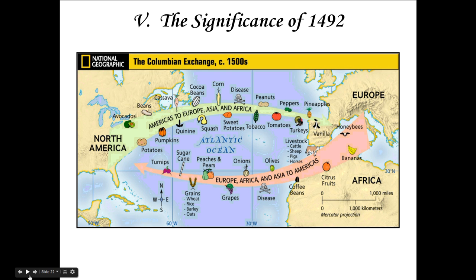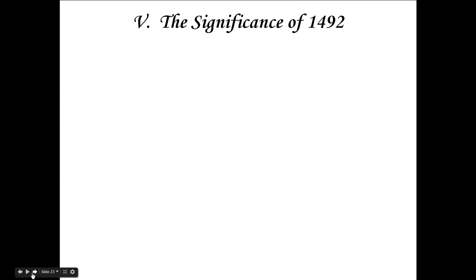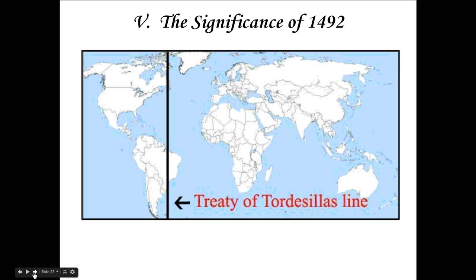Gradually, Europeans are going to realize how important the discovery is. And obviously Spain and Portugal, being good Catholic countries, go to the Pope to settle the dispute over who should have the rights to the new world that's been discovered.